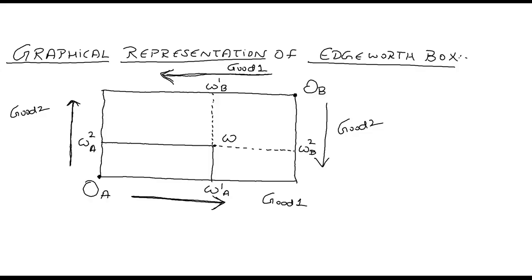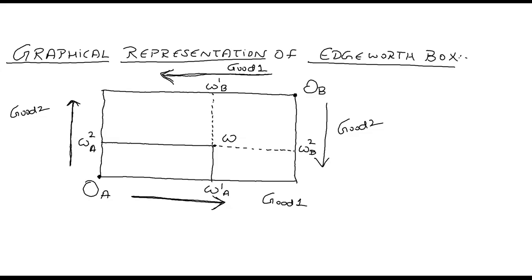Okay, the next thing you can see is, suppose my indifference curves are in this particular order. Suppose we talk about convex preferences, and suppose our indifference curves are convex to the origin. How will A's indifference curves look?